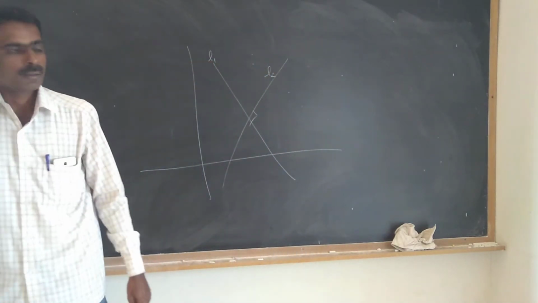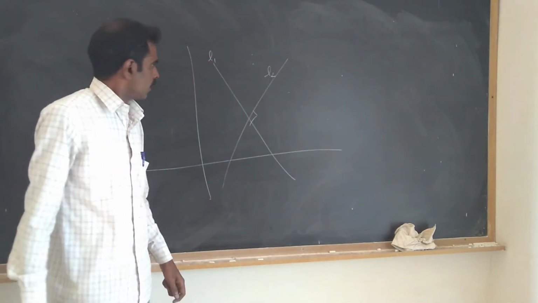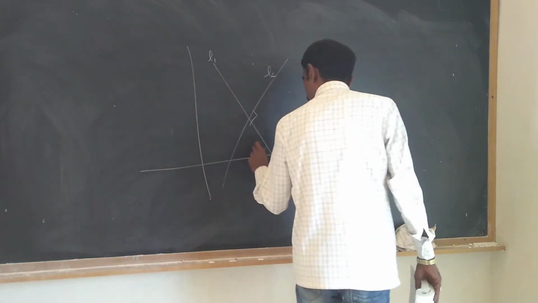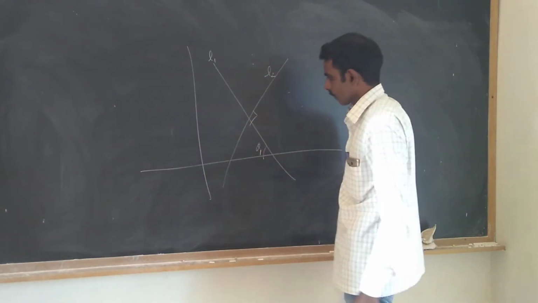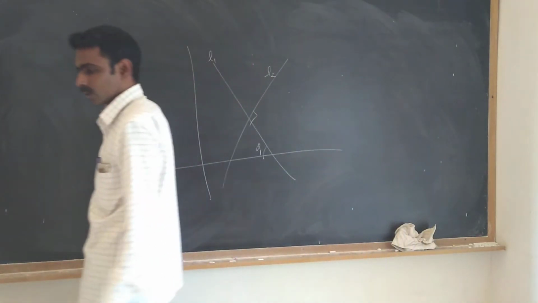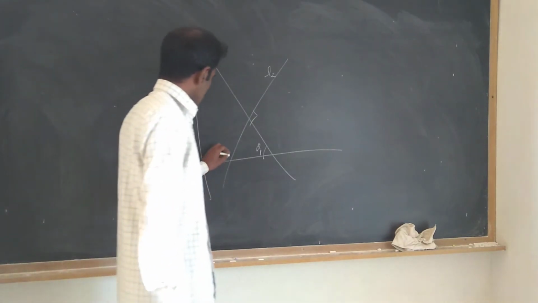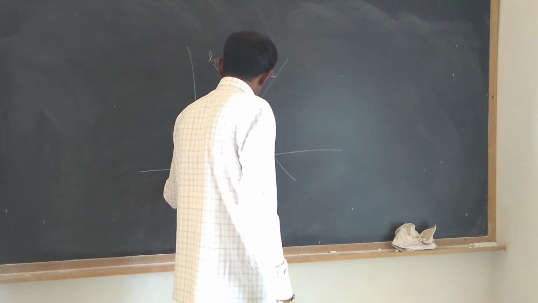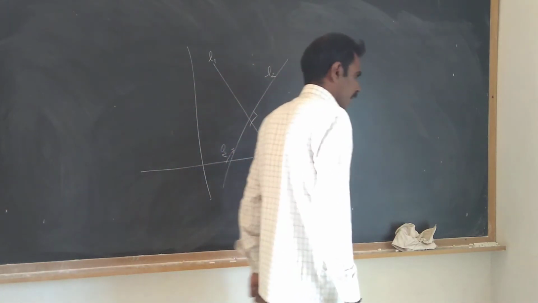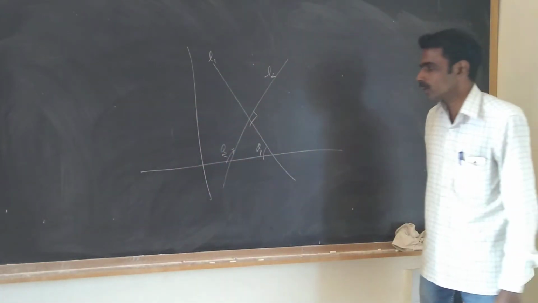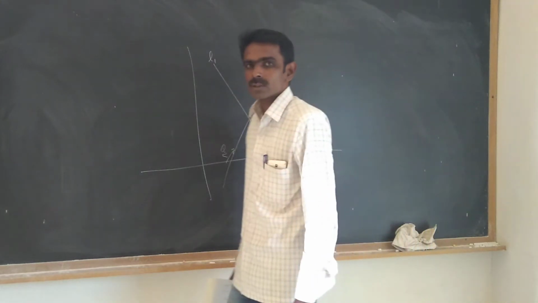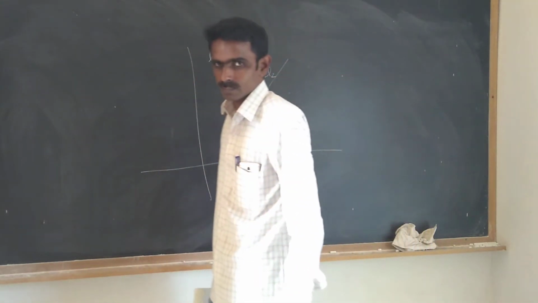Let theta 1 be the angle which the line L1 makes with the positive direction of the x-axis and let theta 2 be the angle which the line L2 makes with the positive direction of the x-axis.